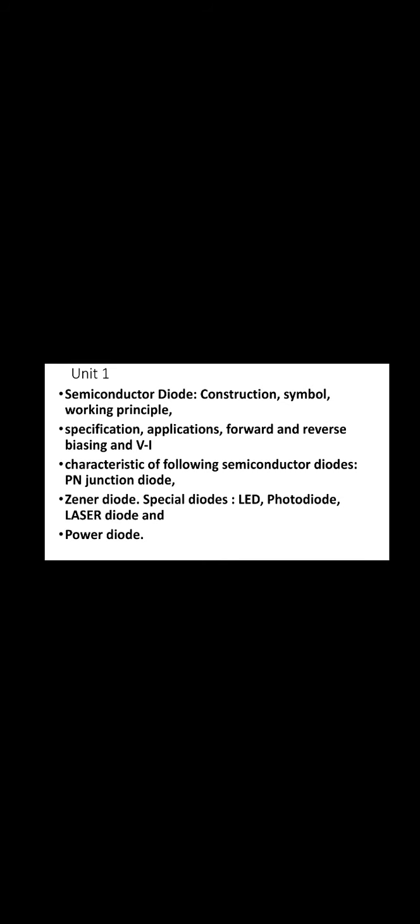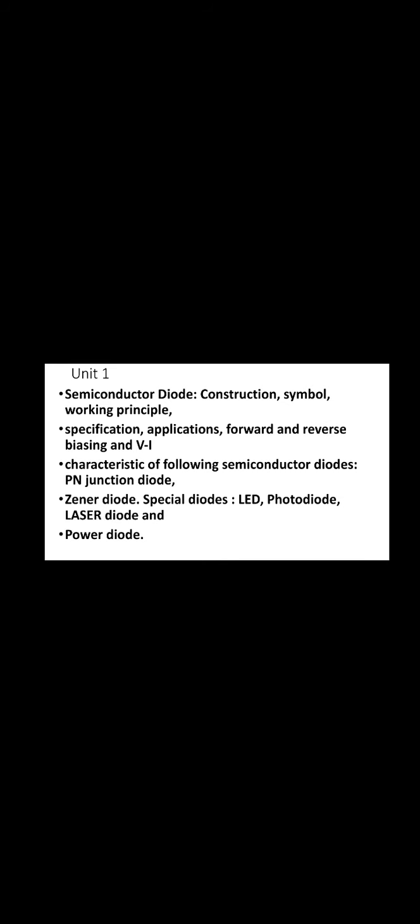The semiconductor diode is basically used to convert AC to DC signal. In that we study the construction, symbol and working principles. Construction means its figure, the symbol of a diode, and working principles.